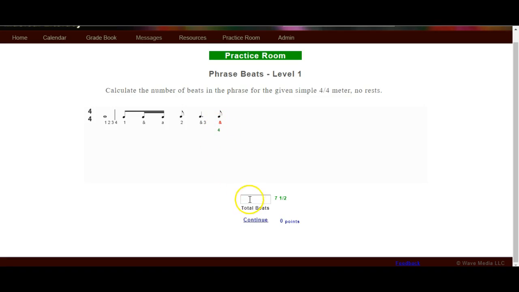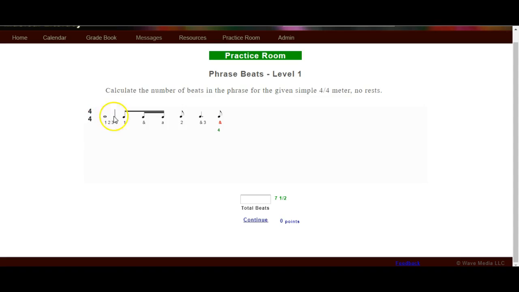I see. 4, 5, 6, 7, 8. The figuration here threw me off, which is what they're trying to do. They're trying to trick you. So this is 2 and 3 and 4. This is supposed to be 4. So what's missing is a half beat.